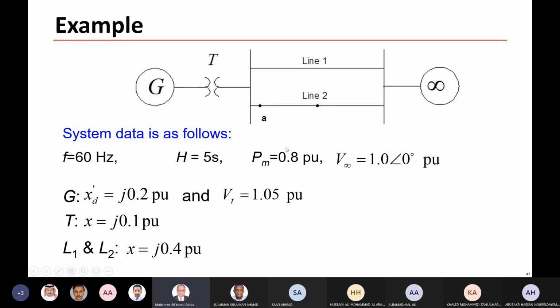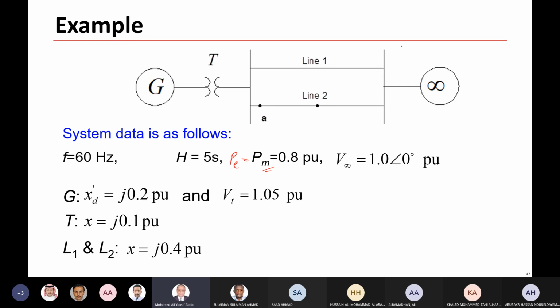Initially, the machine delivers 0.8 per unit. At steady state, this is equal to electrical power. Usually, we give electrical power. We say the machine delivers at steady state 0.8 per unit, which is equal to P mechanical at steady state.